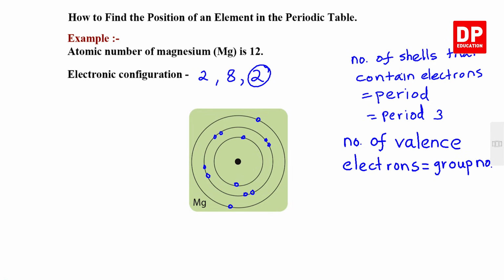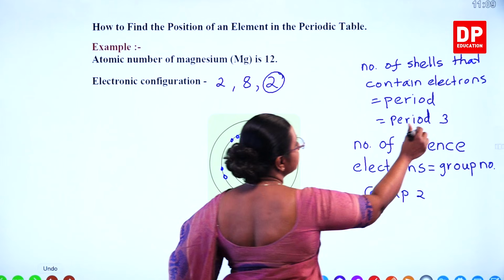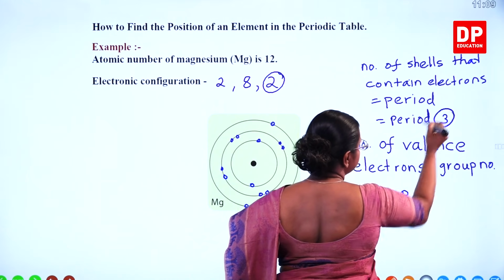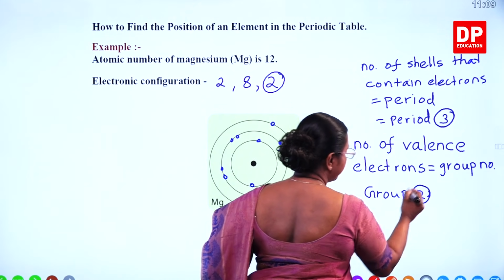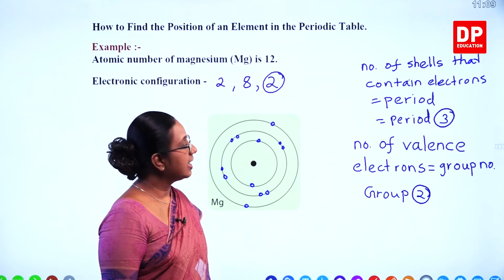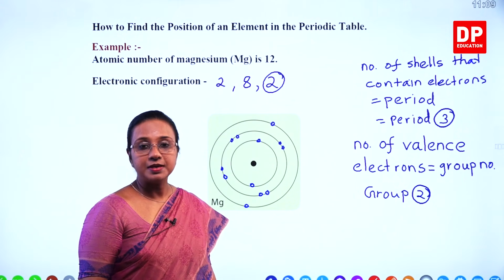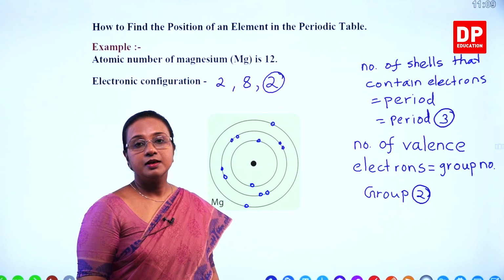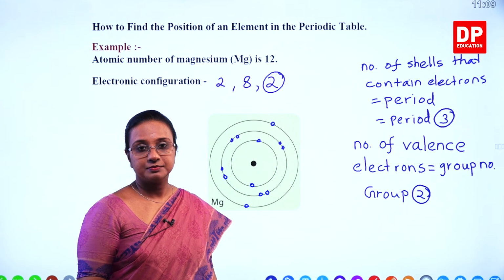So here there are 2. That means magnesium belongs to group 2. So as you can see, magnesium is present in period 3 and group 2. So these are the position of the element magnesium.